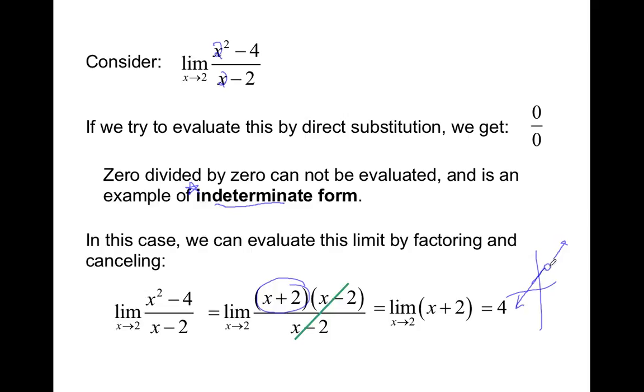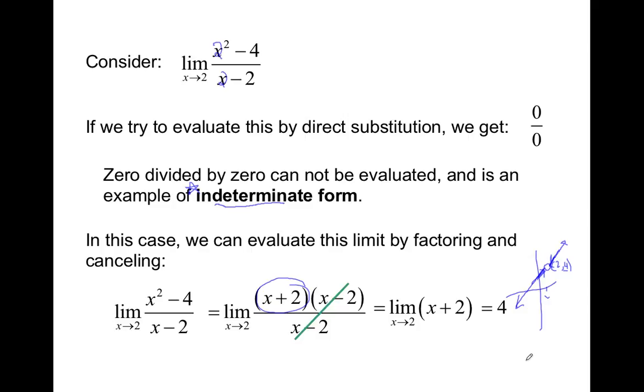That's supposed to look nicer than that. And the value of the hole is 4. What that means for the limit is as you approach 2 from the left and as you approach 2 from the right, the height you're approaching from both sides is 4. But let's pretend I didn't know that.